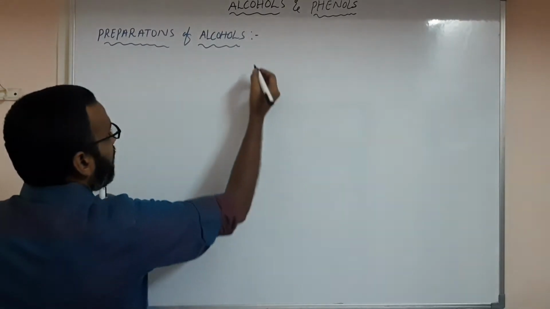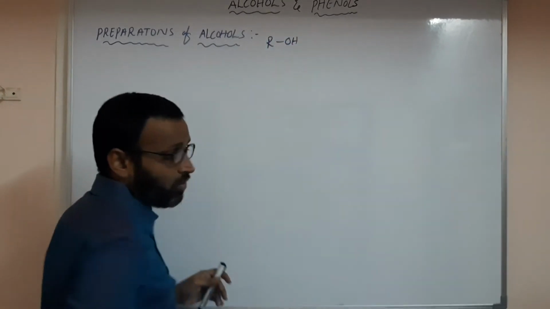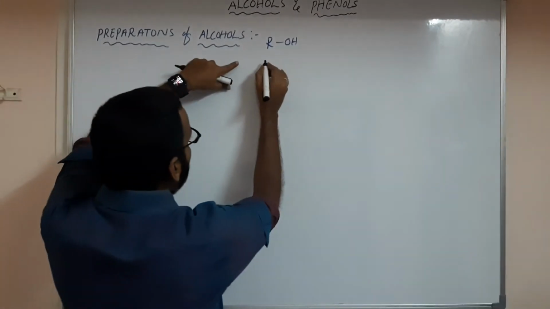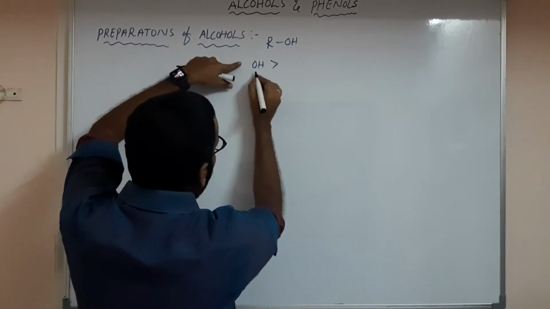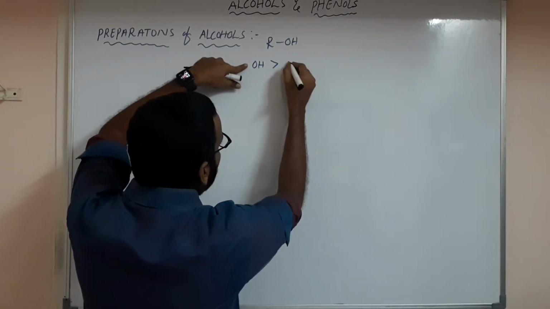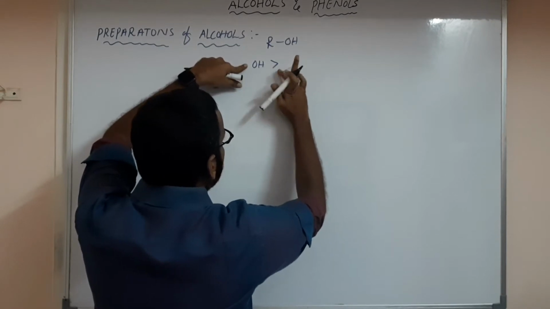So if you see alcohol, ROH, do you know the order of priority among these? OH has more priority than halogen. Of course, first double bond.